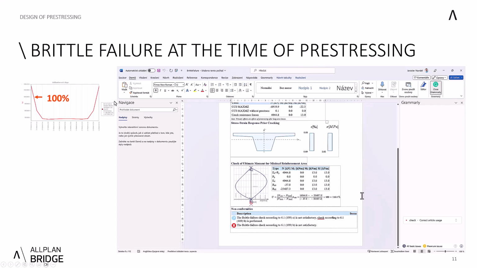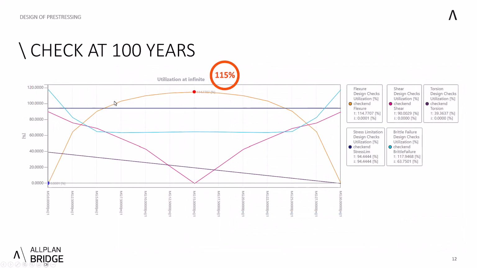But this does not bother us acutely, because we can design non-prestressed reinforcement that will resist the tensile stresses. So we don't have to deal with that now during the design of the pre-stressing. What about the check at 100 years?